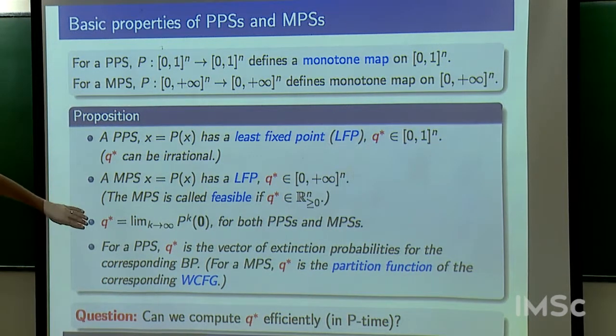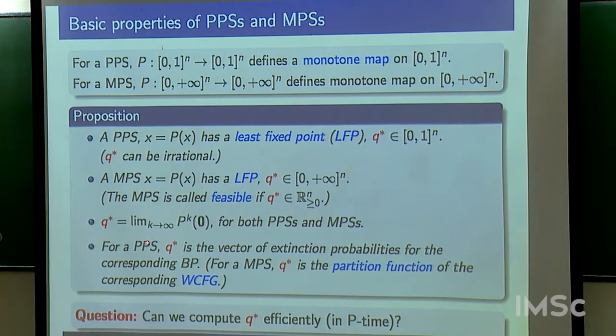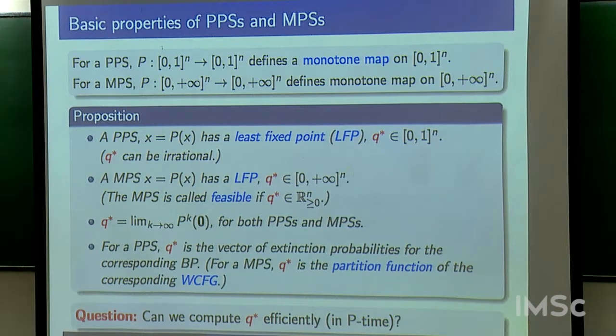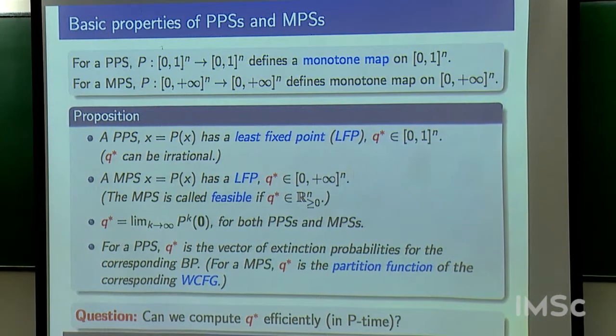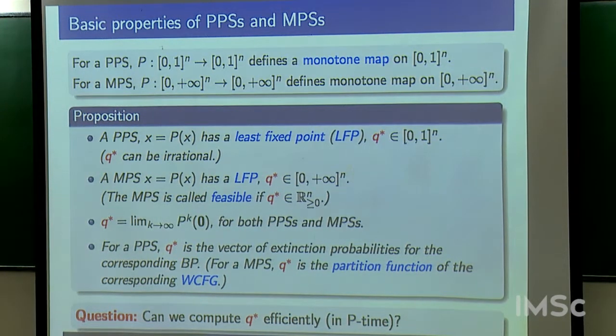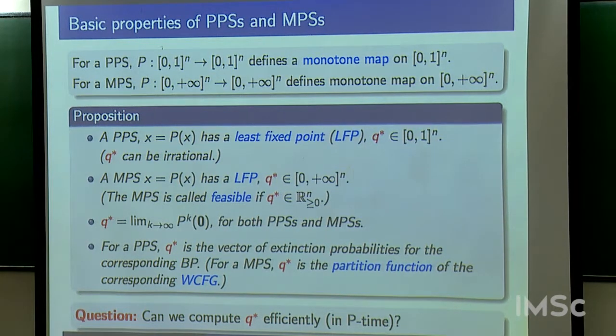So it turns out that the least fixed point can be attained as the limit, as k goes to infinity, of iterating the polynomial system as a function starting from the 0 vector. Apply it to the 0 vector, then apply the polynomial on the result, and again on the result, and so on. That will converge from below monotonically to the least fixed point.